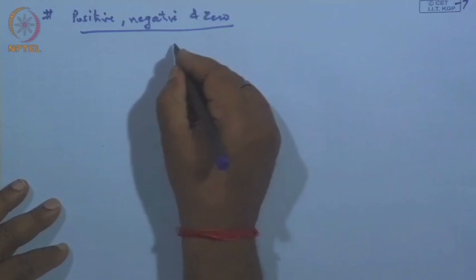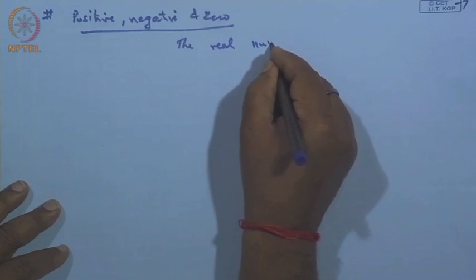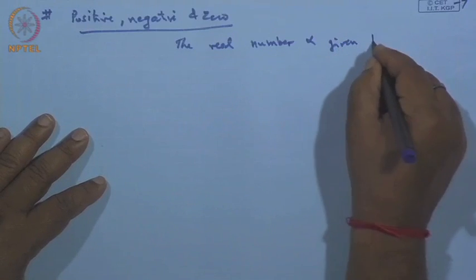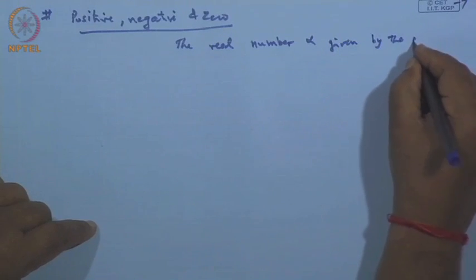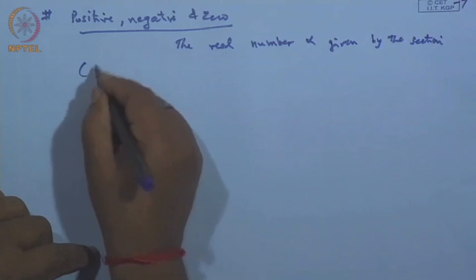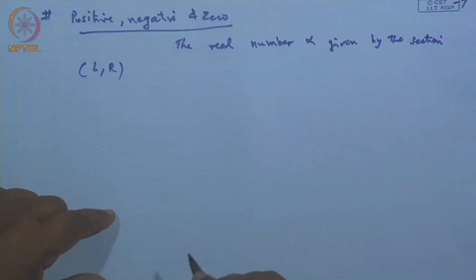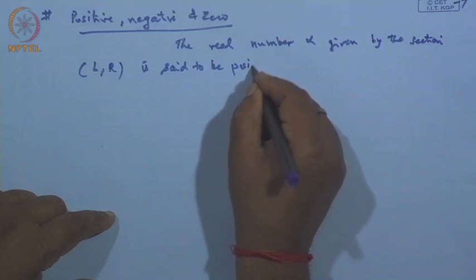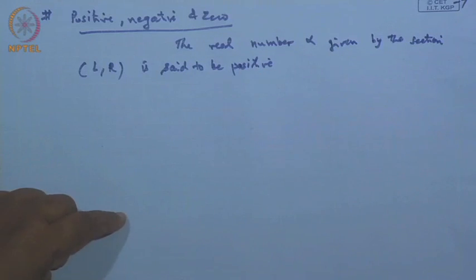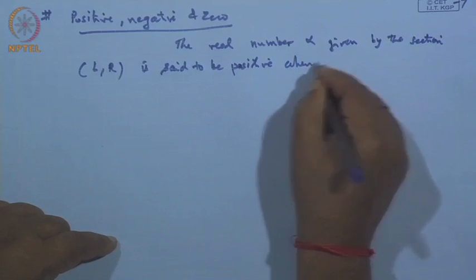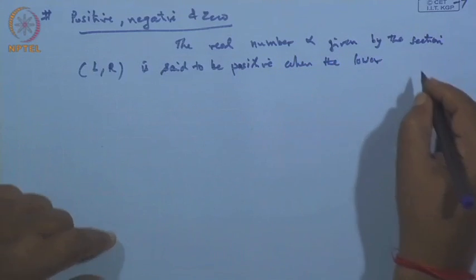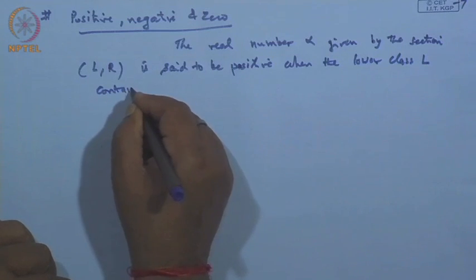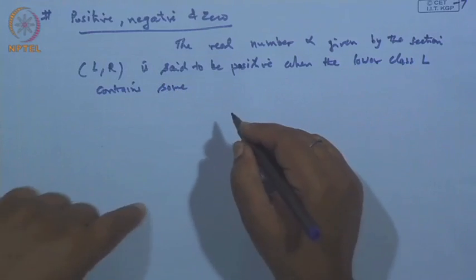The real number alpha given by the section LR is said to be positive when the lower class L contains some positive numbers.